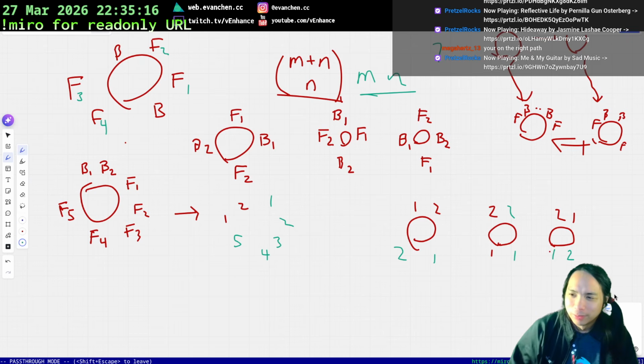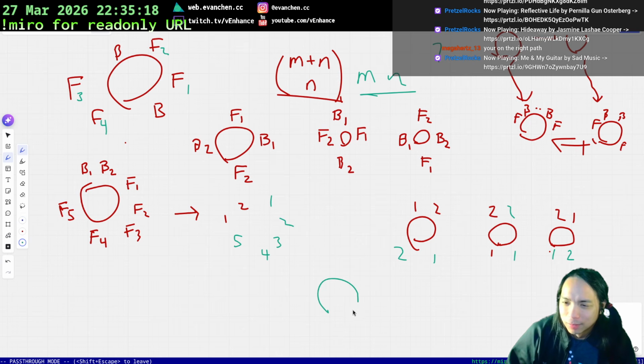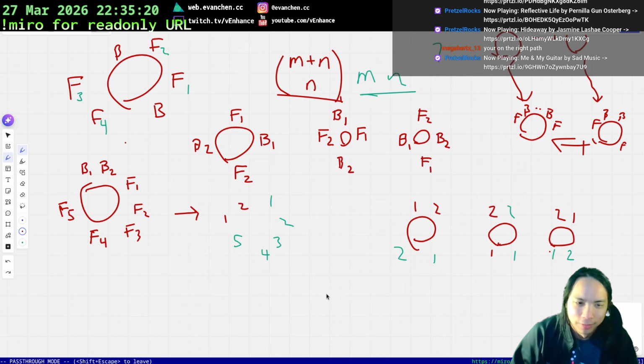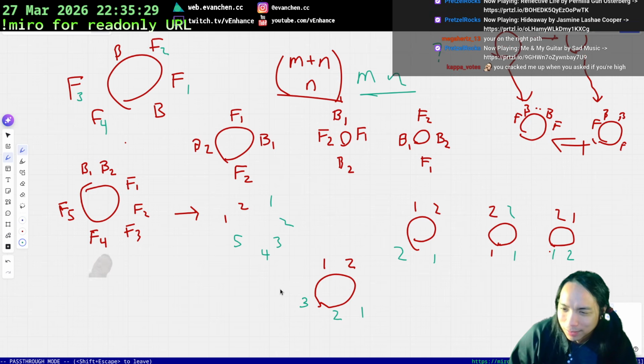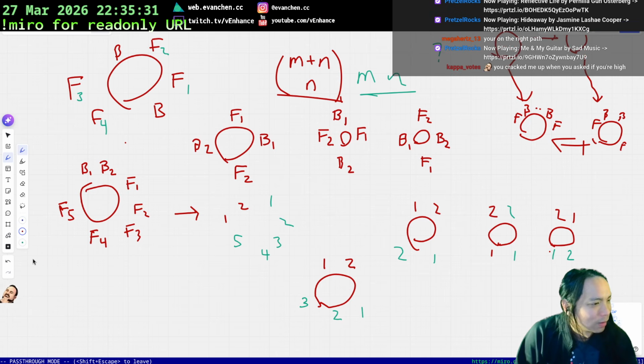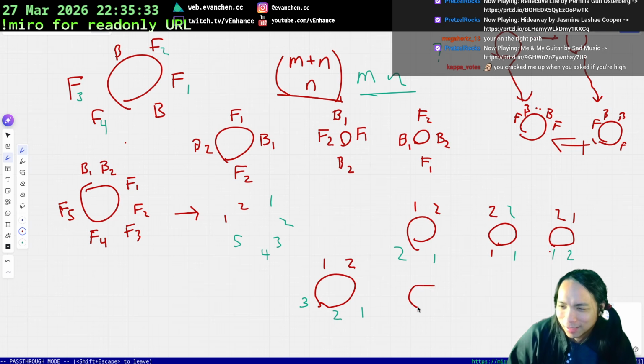Okay, so if I do that again with 3 instead of 2 on the bottom, what exactly happens? Because I don't see why I wouldn't be able to do it again. I'm so confused.